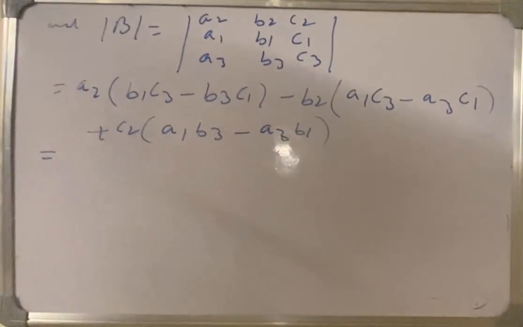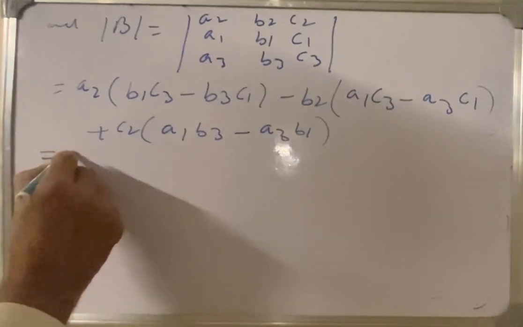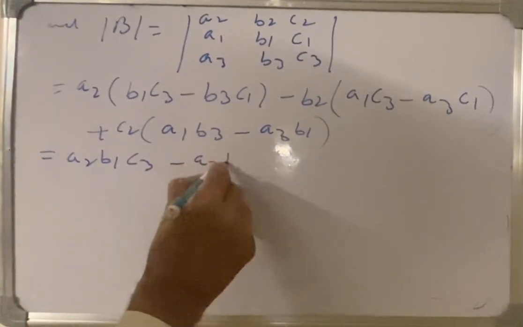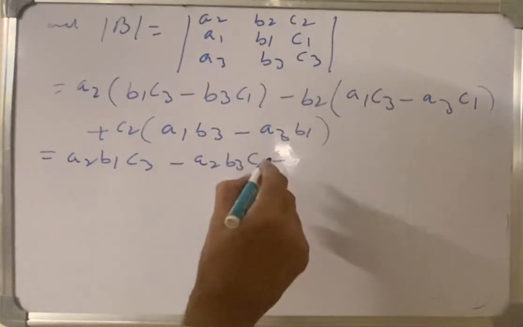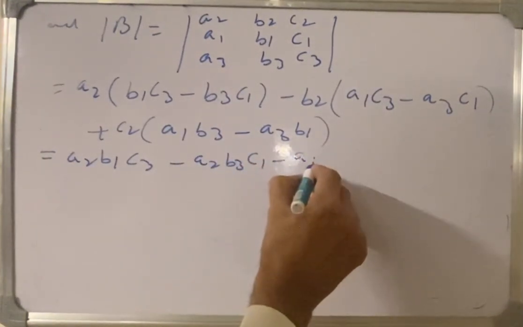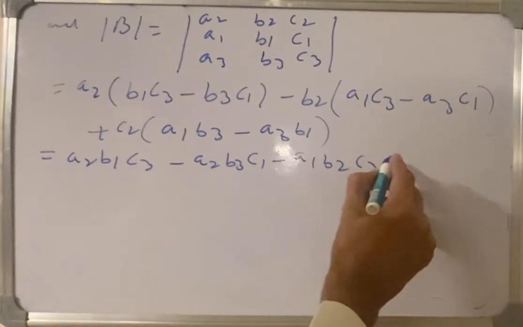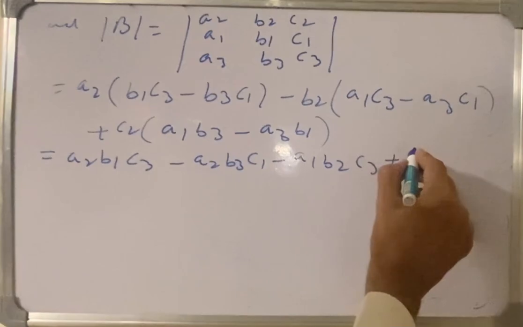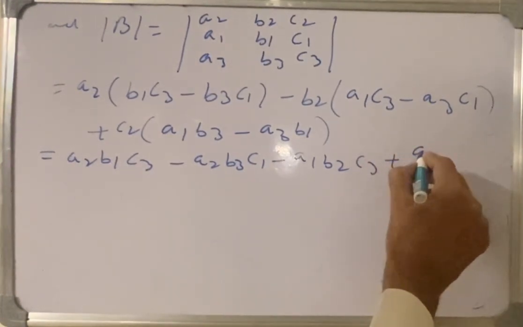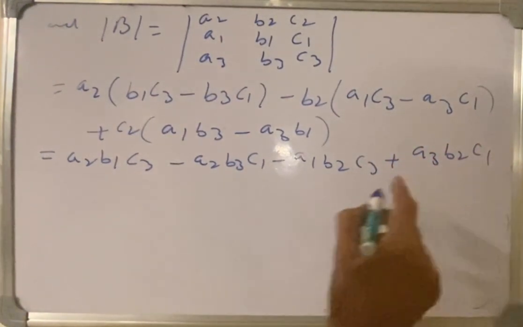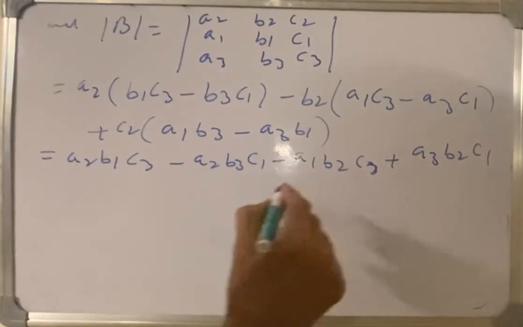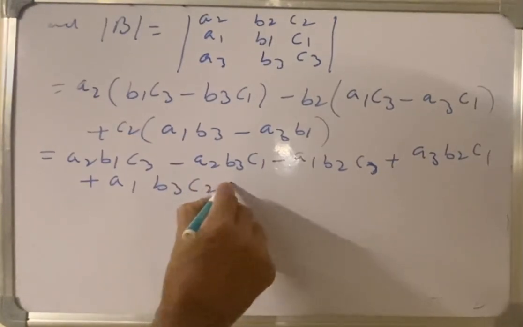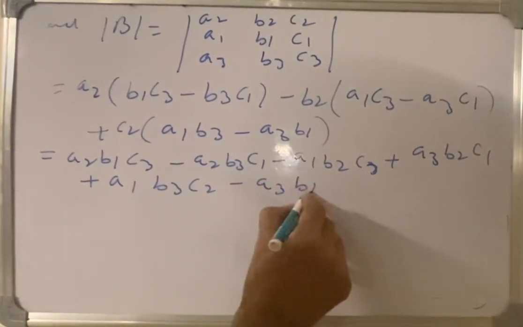Then we open brackets: A2 B1 C3 minus A2 B3 C1 minus A1 B2 C3 plus A3 B2 C1 plus A1 B3 C2 minus A3 B1 C2.